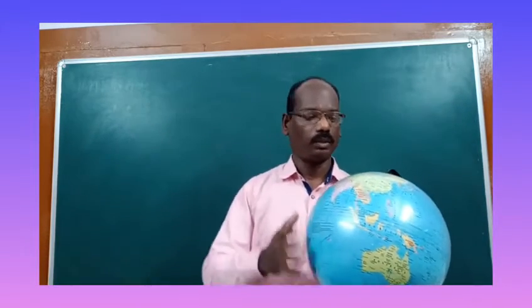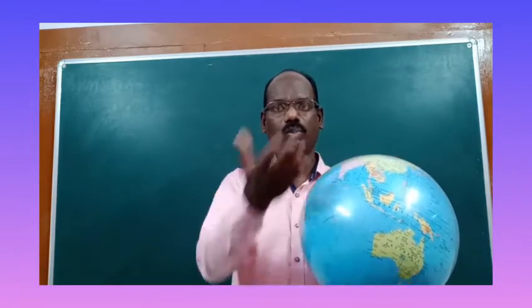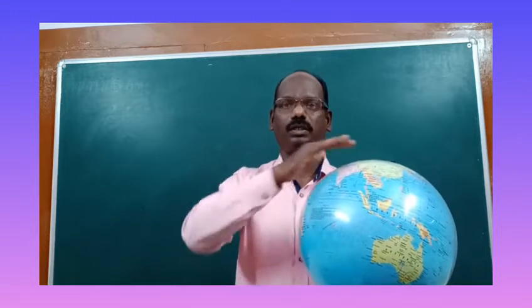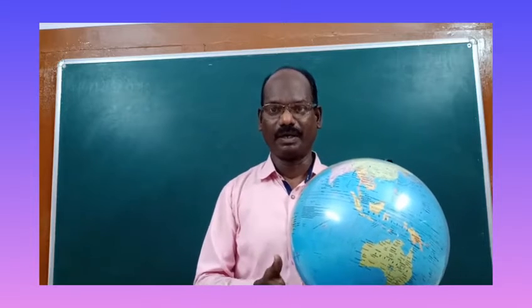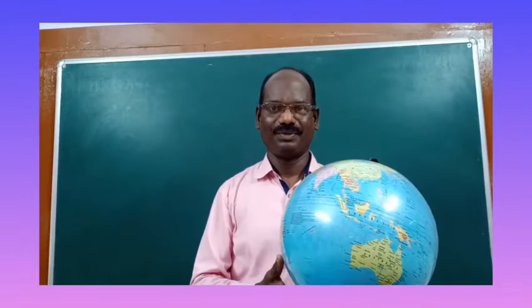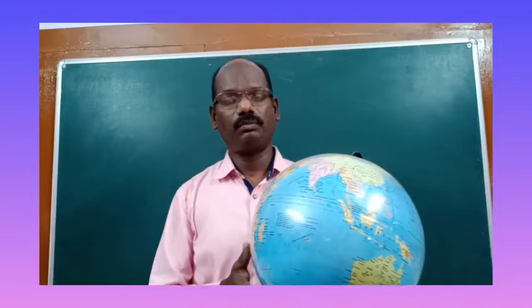Then there is the 0 degree meridian. What is a meridian? Meridians are semicircles we draw from the north pole to the south pole. Which meridian do we call the 0 degree meridian?